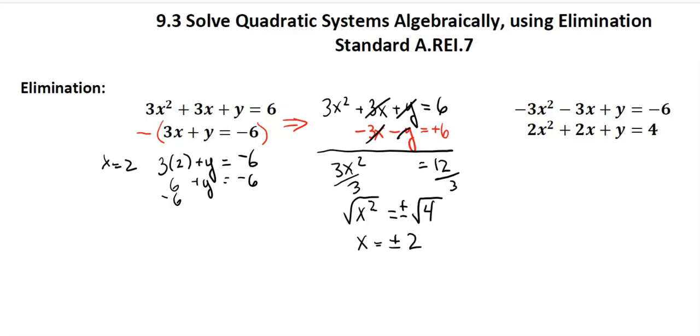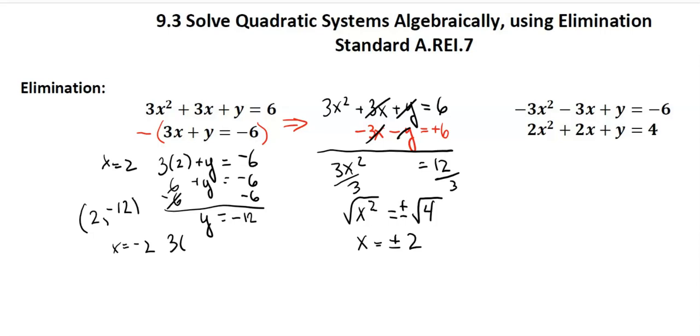Subtract 6 from both sides. And y equals negative 12. So one of our solutions is 2, negative 12.